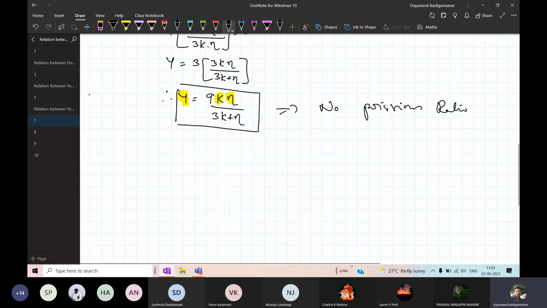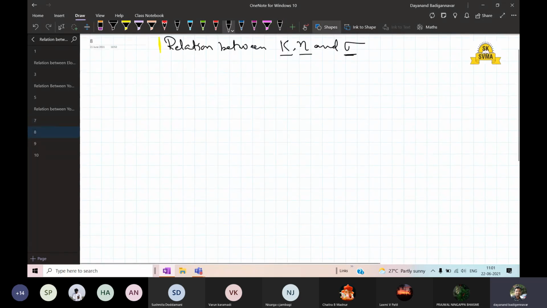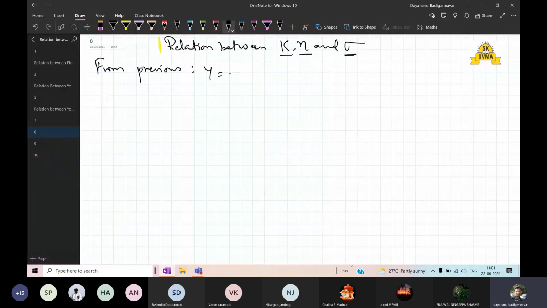Now in the next step, we will connect y, k, eta, and sigma. Again, this is not one where we derive, we only readjust. From previous relations, we have y equal to 2 eta into 1 plus sigma.